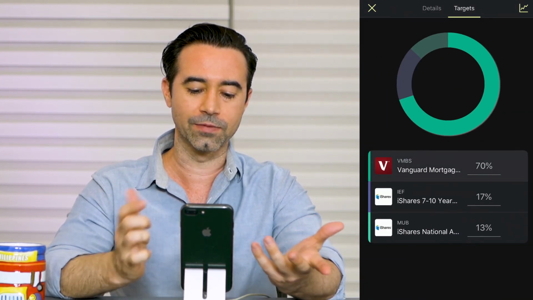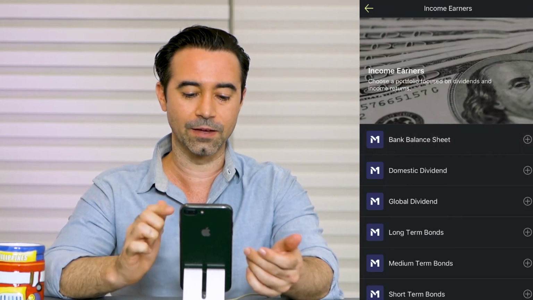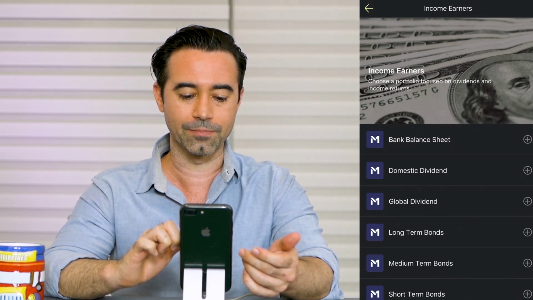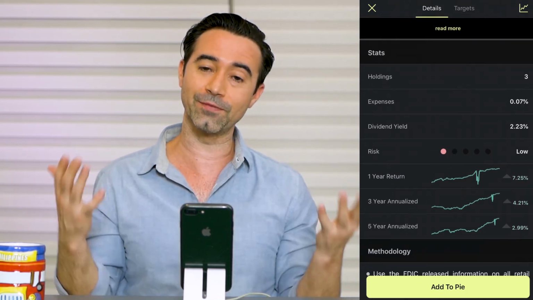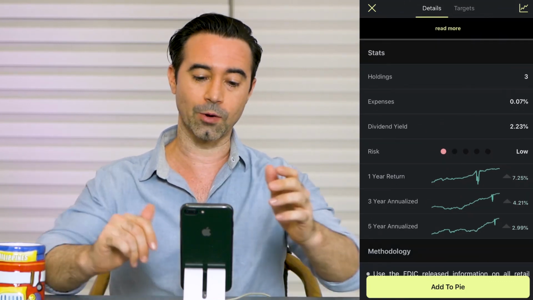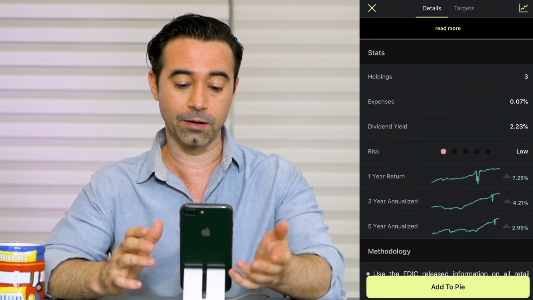The price history of this particular ETF is up 3.13%. And if you look at the bank balance sheet, it's up 7.25%. So this has actually done very well, especially with what's going on lately. That's a great fund for some people.